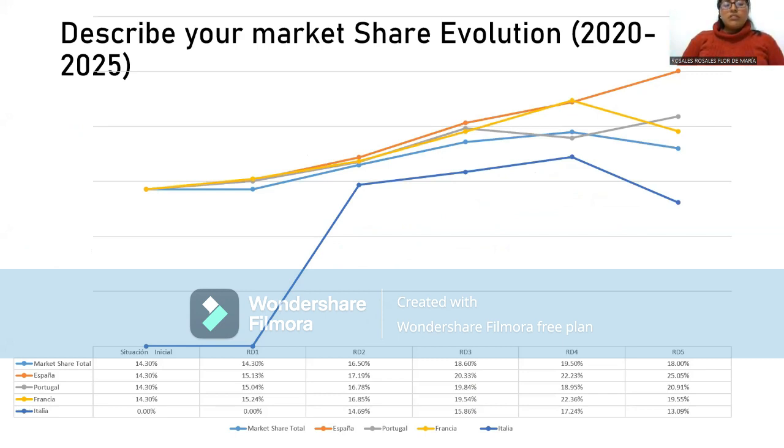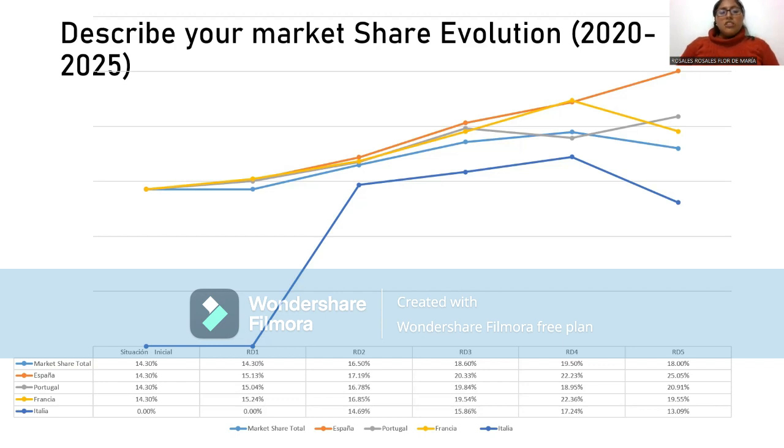Describe your market share evolution 2020-2025. Initial situation, market share total 40.30%, Spain 40.30%, France 40.30%, Italy 0.0%. RD1: 40.30%, 15.30%, 50.4%, 50.24%, Italy 0.0%.